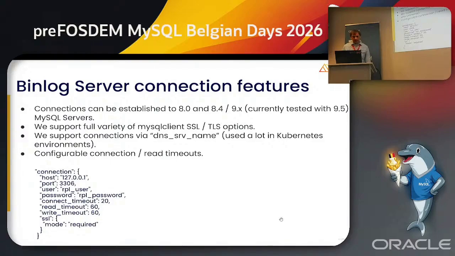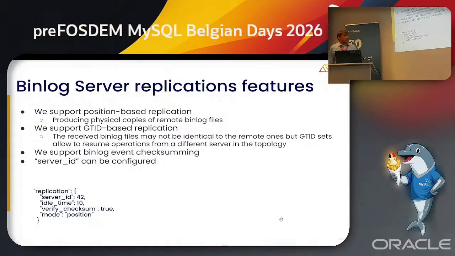We also support DNS SRV name connections, a kind of important thing for Kubernetes environments, when the host to which we want to connect can be identified via DNS records, and some configurable read and write connection timeouts.